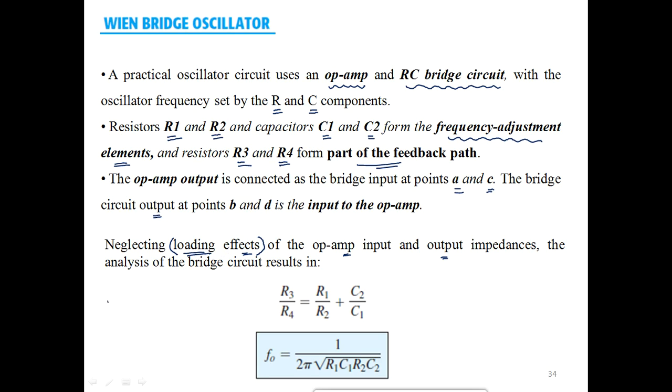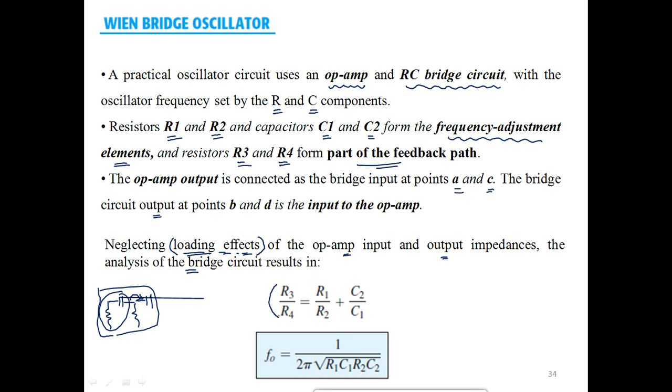If there is a combination of R and C, followed by another combination of R and C, then the first stage puts some loading effect on the second stage, due to which the overall performance of the network gets reduced, but we have to ignore them as of now. So neglecting the loading effects, how can we analyze the bridge circuit?